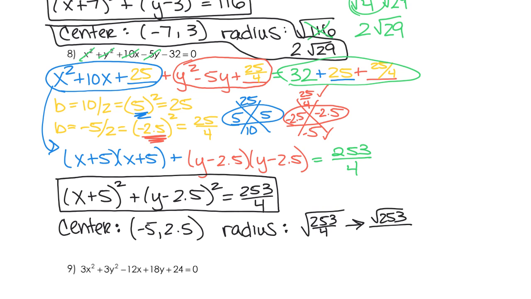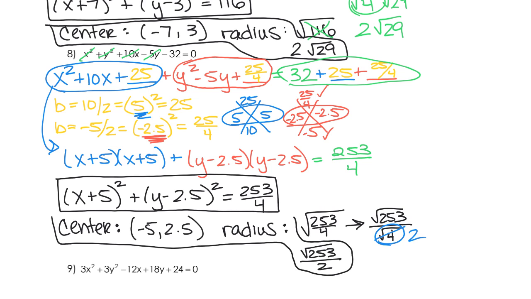Square root of 253 over the square root of 4 is really what that means. Okay. However, this part will get a little bit prettier because the square root of 4 is going to become a 2. All right. 253 is actually in simplest radical form. There is no other perfect square besides one that goes into it. And therefore, we're going to go ahead and keep our radius as the square root of 253 divided by 2. Okay, so our radius is a little bit not so pretty.